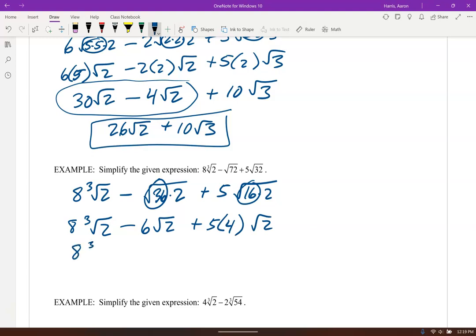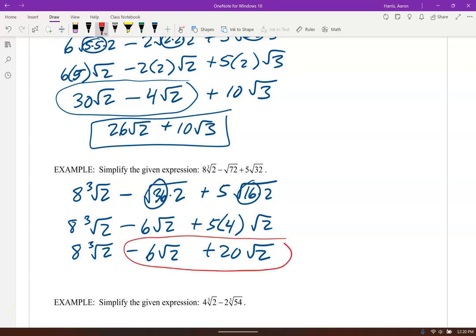So I have 8 third root of 2 minus 6 root 2 plus 20 root 2. The only like terms are these two, because they both are square root of 2's, right? The one in front is a third root of 2. That 8 third root of 2, can't combine it. So negative 6 root 2 plus 20 root 2 is 14 root 2. And I still have this 8 third root of 2 as well.